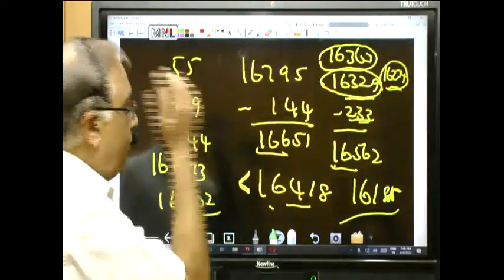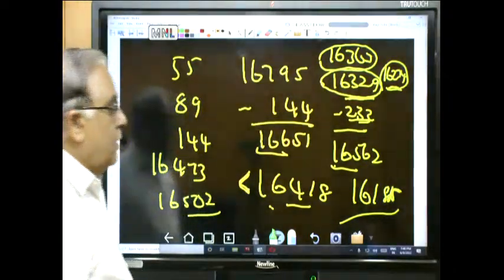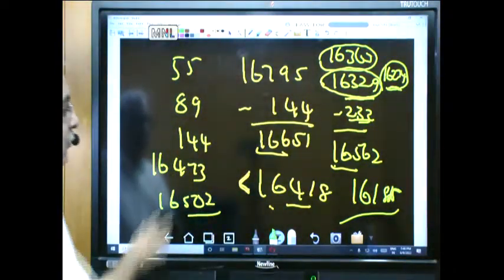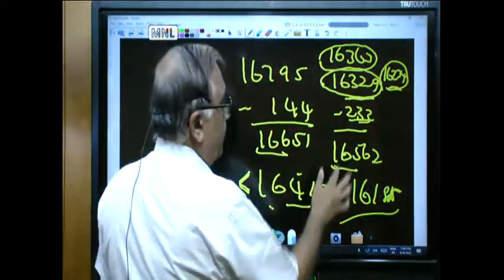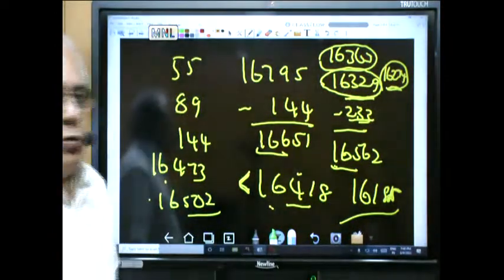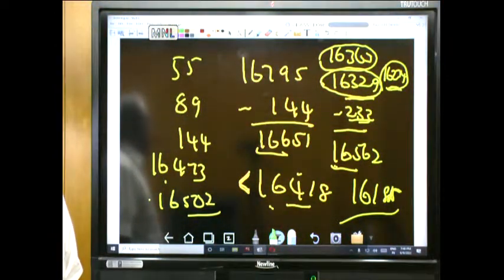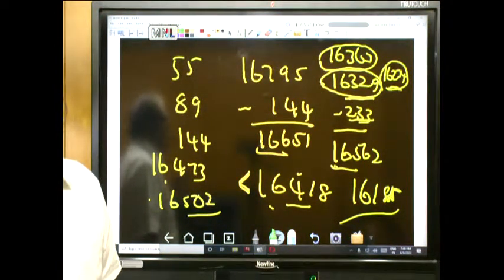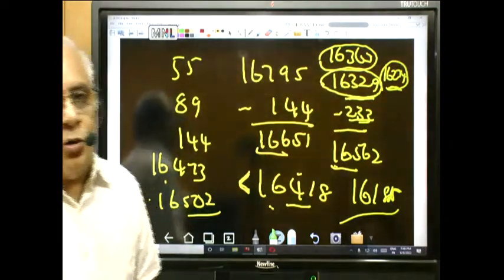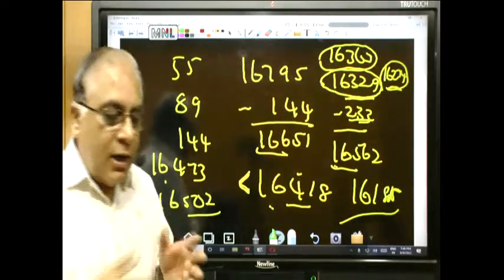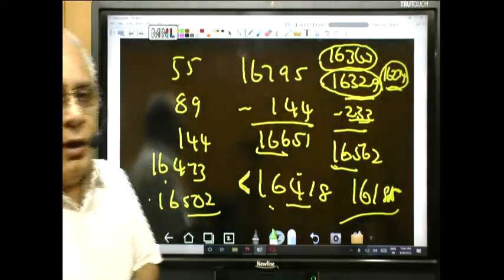Then probably 16,562. So you can keep these levels also. It all depends on what gap you would like to keep. Work out a Fibonacci, and then keep whichever gap you want as the important support and resistance. That you can do even for intraday trading. We will expand this subject tomorrow and come to some conclusion regarding how to develop the Fibonacci trading system.